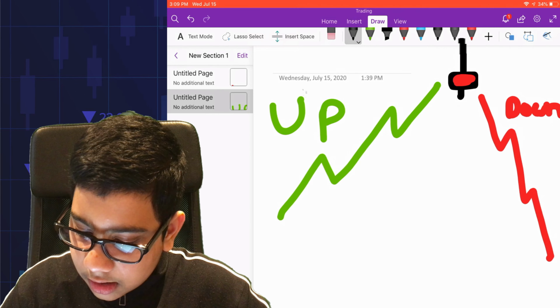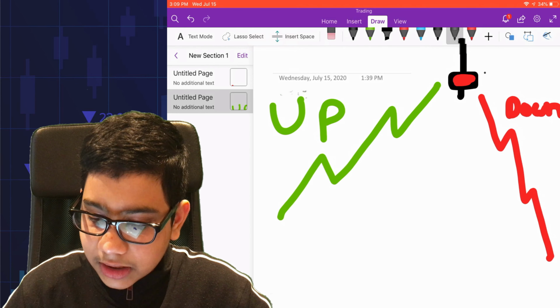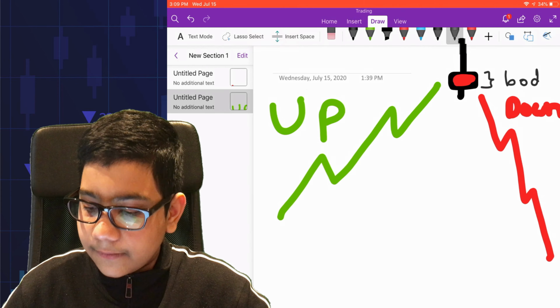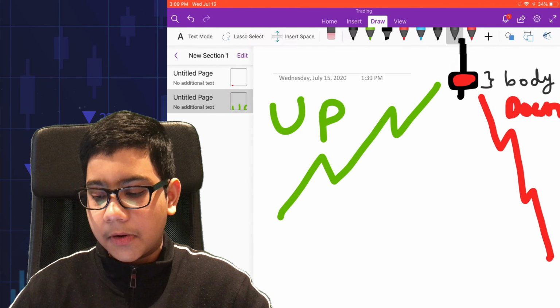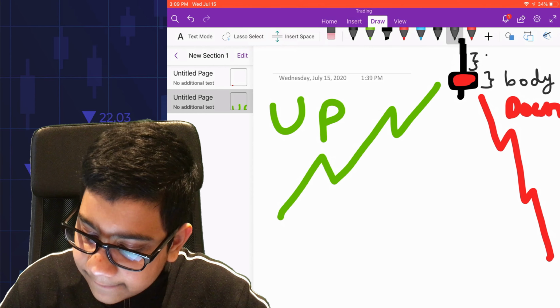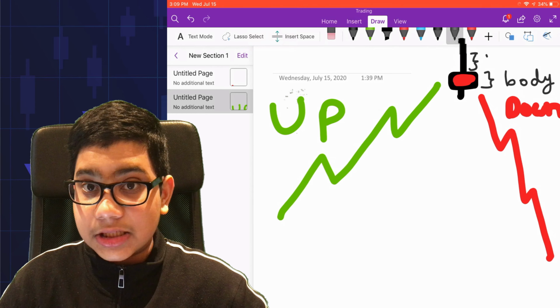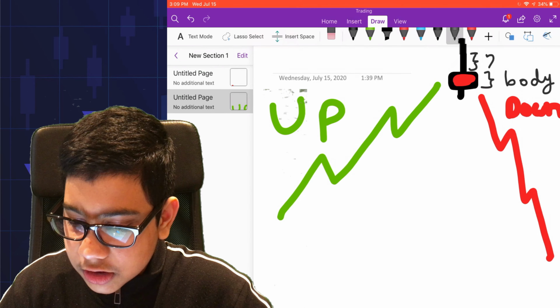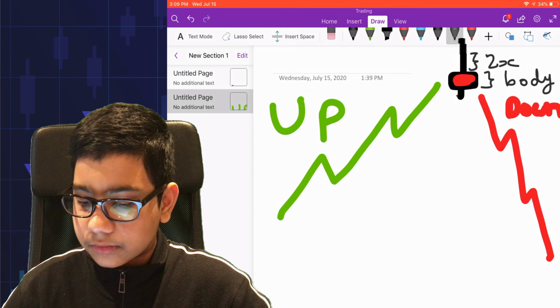In a shooting star, the body of a shooting star, so this part, the body, should be as small as possible, and its upper wick should be at least twice the size of the body. So if you think the body is X, the upper wick should be 2X.